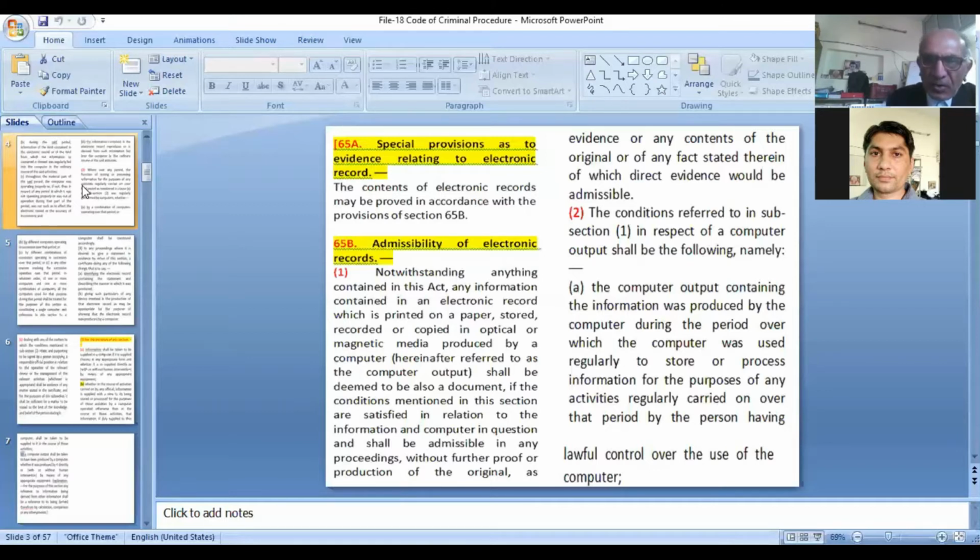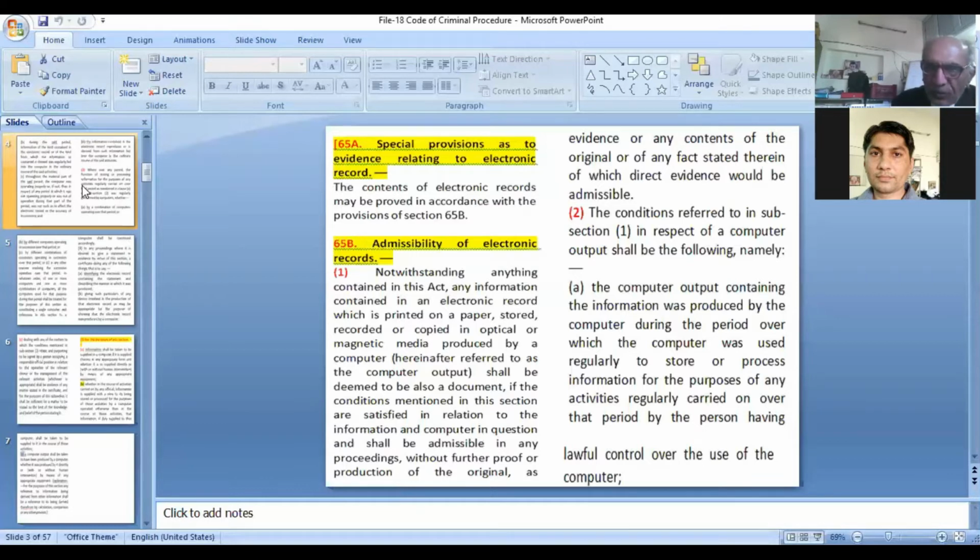Therefore, computer output becomes a specific technical designation for electronic records, shall be deemed to be also a document. So, a definition.